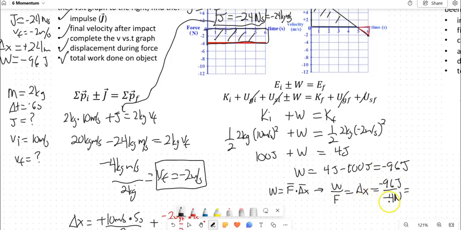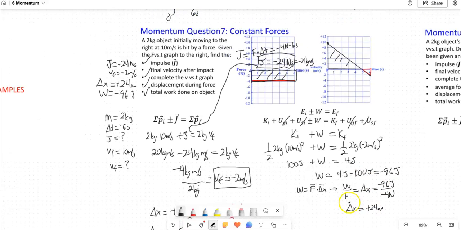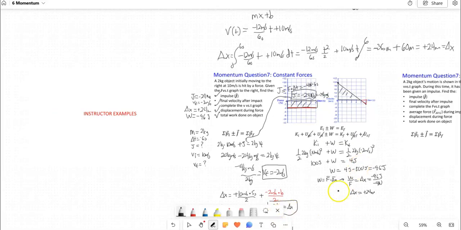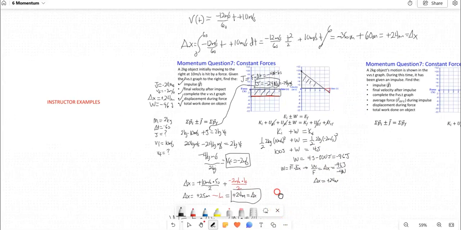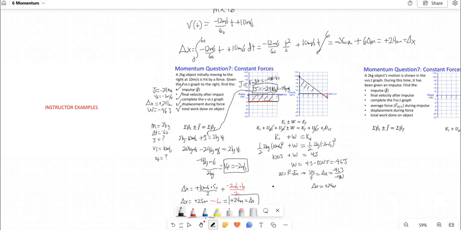So that delta x is going to be positive 24 meters. So again, there's a lot of ways to do these problems, and I want you to use tools that you're comfortable with to help you verify, but I do want you to try to stretch on these problems, okay?